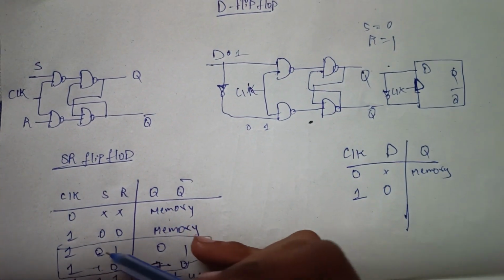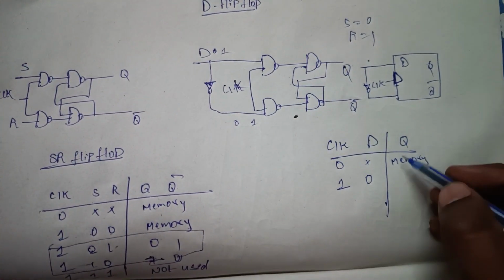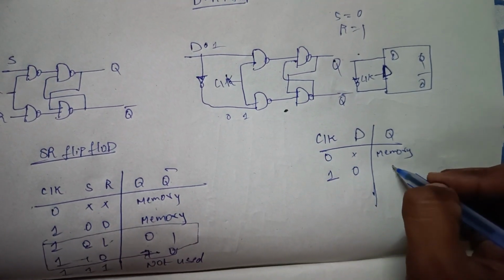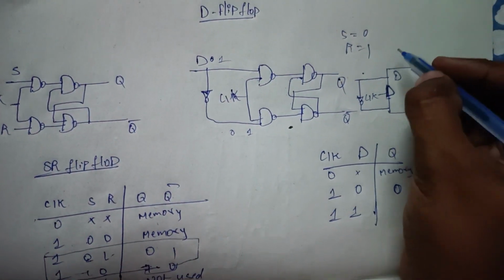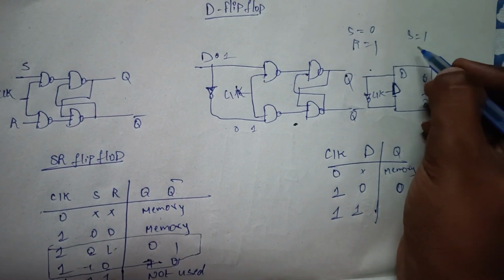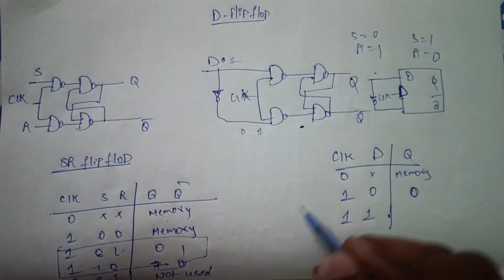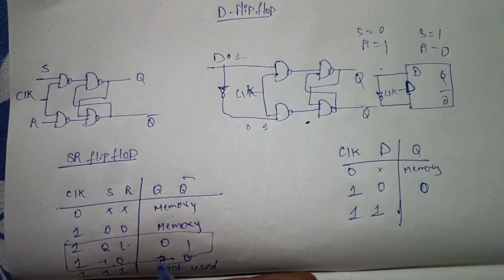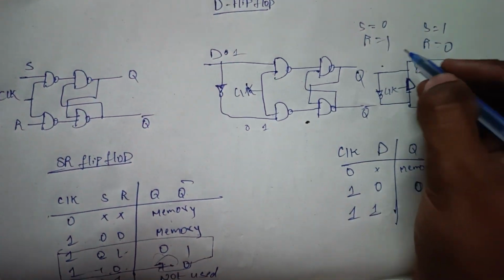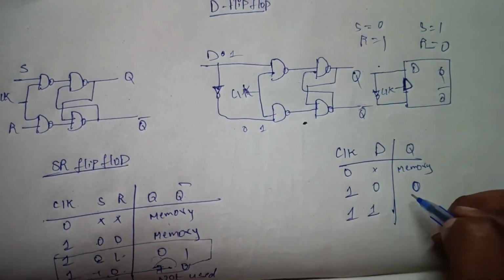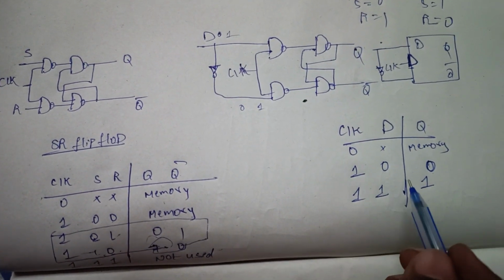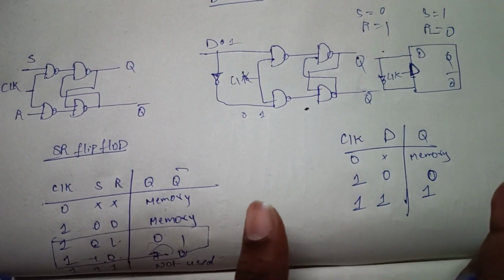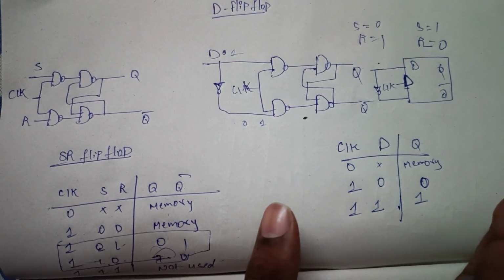So S equals 0, R equals 1, and the output Q is 0. If D is 1, then S is equal to 1 and its complement R is equal to 0. Now S equals 1, R equals 0, and the output Q is 1. The next condition is not possible, because only these combinations are possible in the D flip-flop. In this way we can design the D flip-flop.